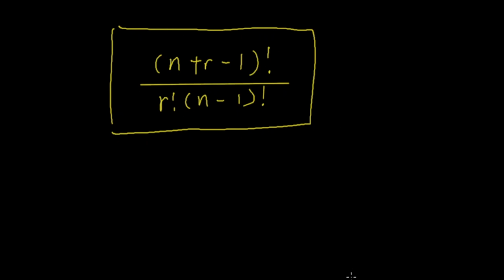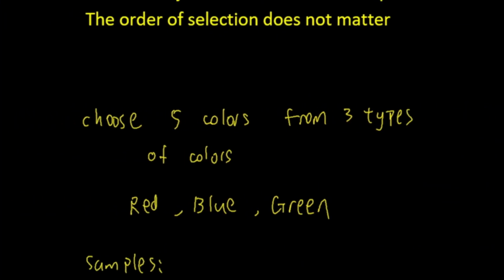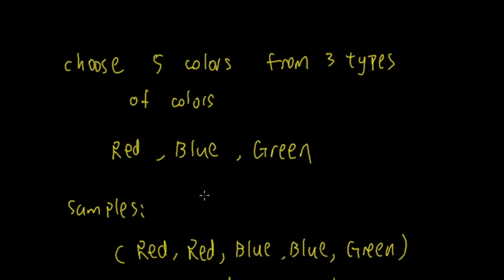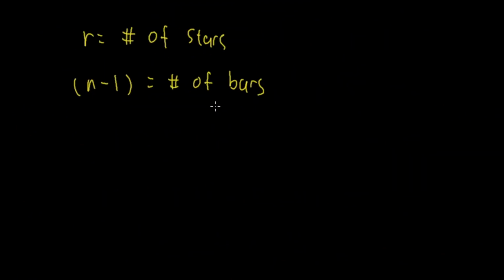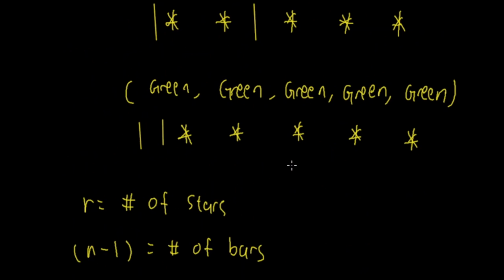Okay, let's come back to these examples here, right? So here, the first example, right? Choose 5 colors from 3 types of color. So we know that R here is the number of stars, right? R is 5, right? And then n minus 1. n really is 3 here, right? 3 types of color, right?